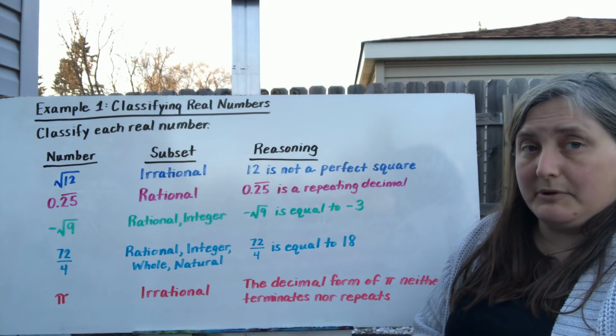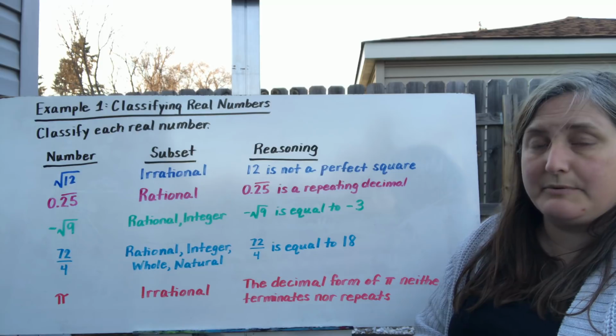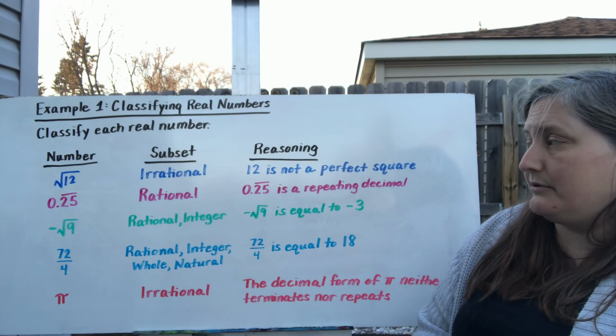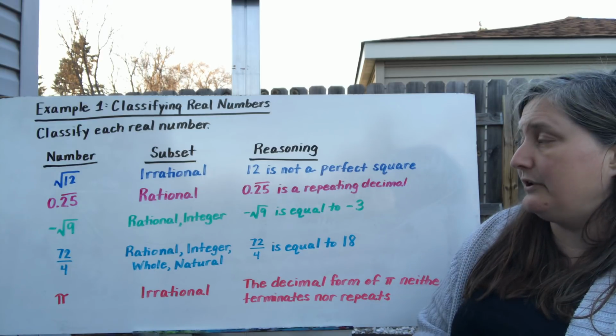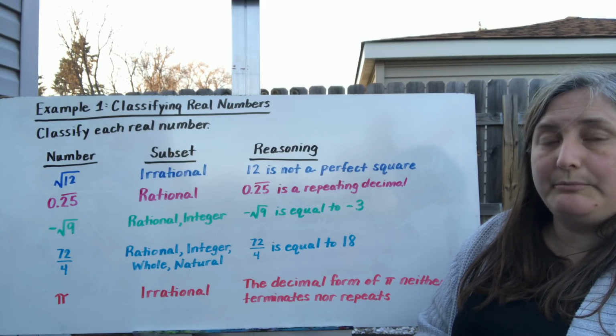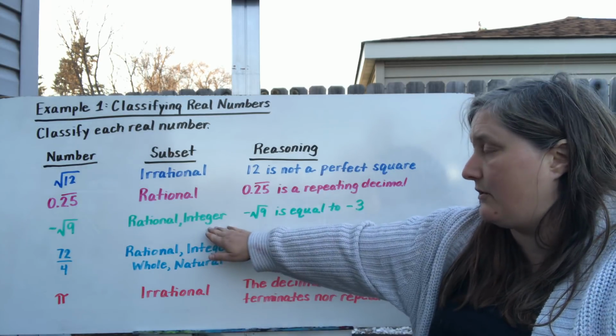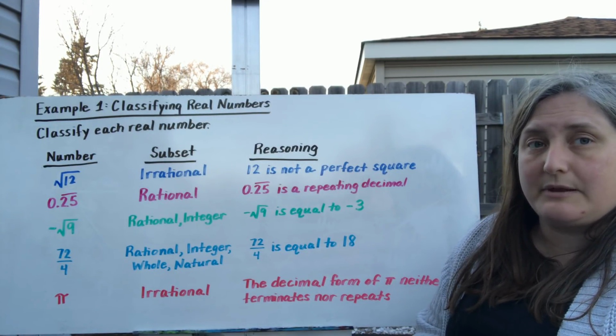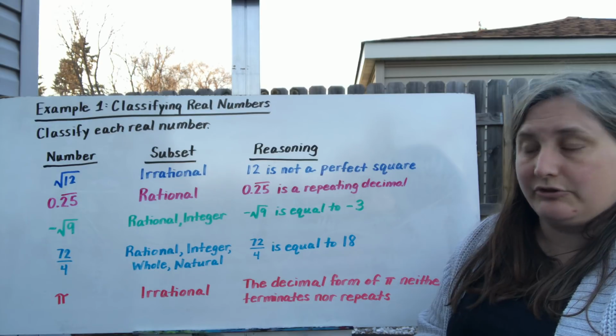Any repeating decimal is a rational number and can be written as a ratio of two integers. The negative square root of 9 is not only rational, but it can also be in the integer category because the negative square root of 9 is actually equal to -3, which is an integer and a rational number.